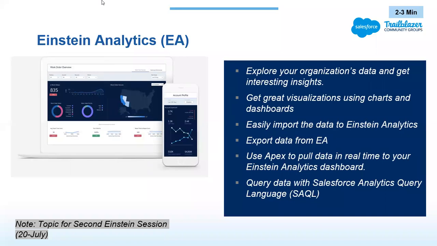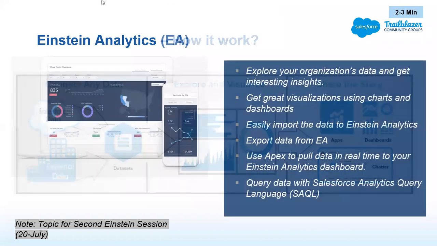You can also use Apex to pull data in real time to your Einstein Analytics dashboard, and it also provides you the SAQL language, a query language which is not SOQL, but is for the analytics data.